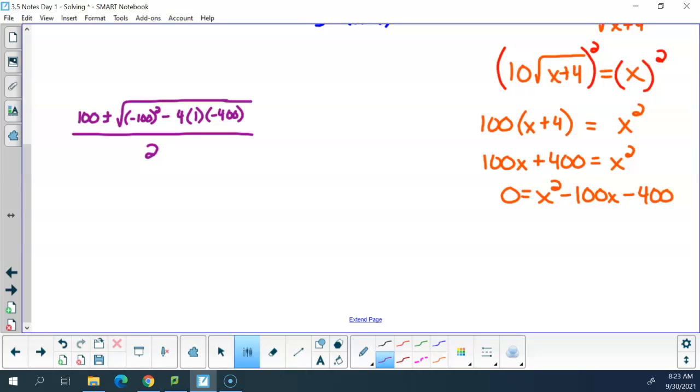So 100 here plus minus the square root of, so that's 10,000 plus 1,600? Well, minus negative 1,600 is plus 1,600, right? So that's 11,600.